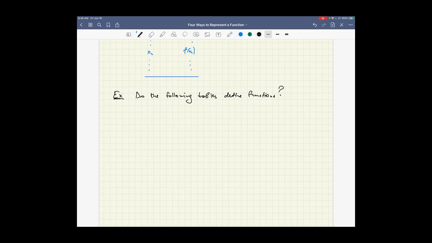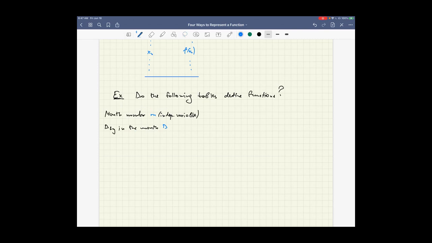The first row will be months in the year by number. That's the input or the independent variable. And the second row will be days in that month. Let's say D, that's the dependent variable.